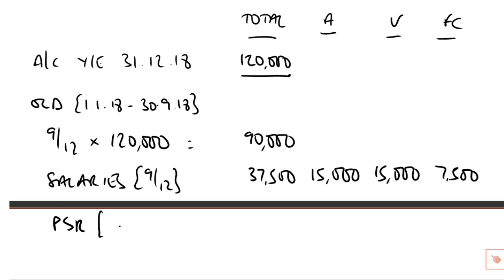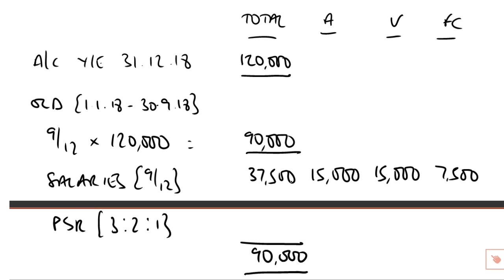We had a profit sharing ratio of 3 to 2 to 1, and having got £90,000 for this period, we've allocated so far £37,500. That therefore will leave, we'll take 37.5 from 90, and that is £52,500. Calculators out as ever.